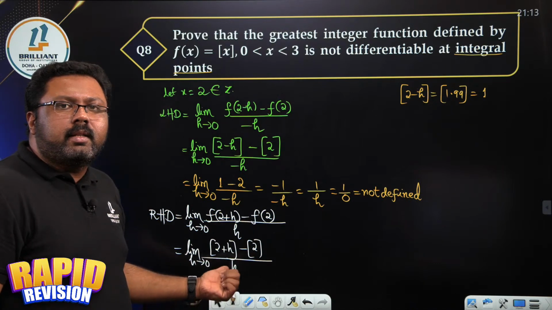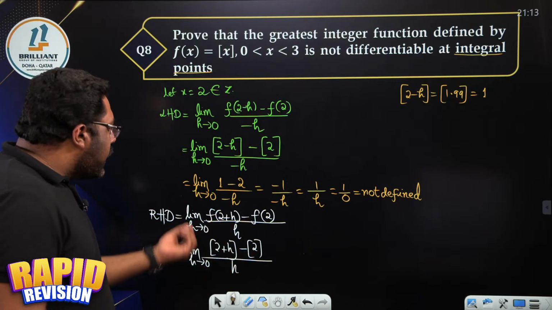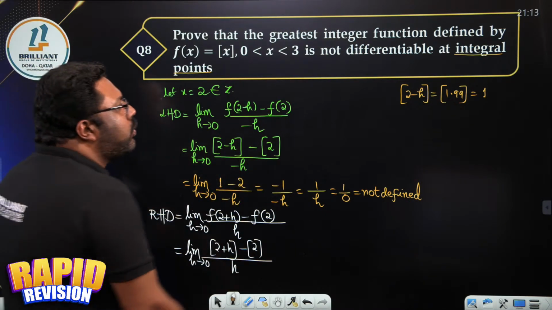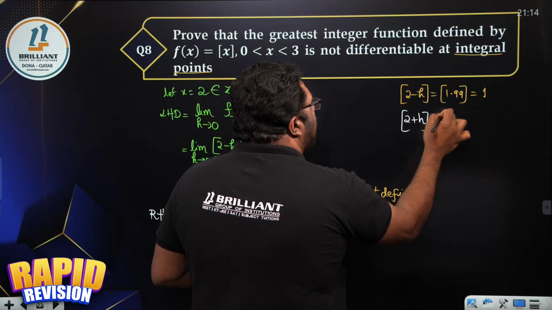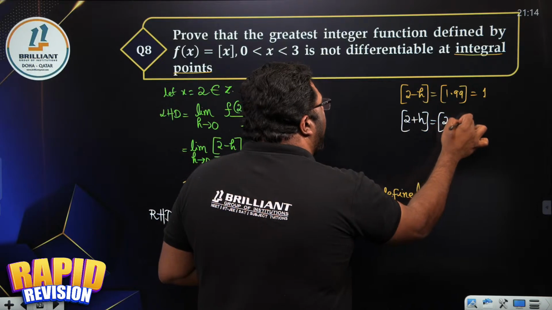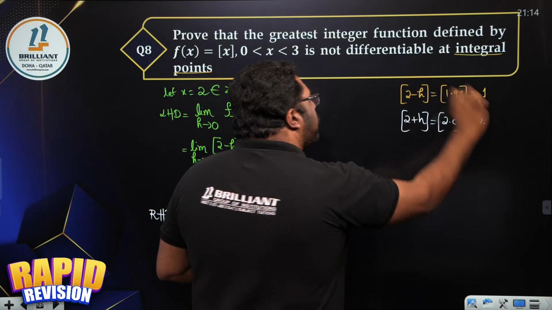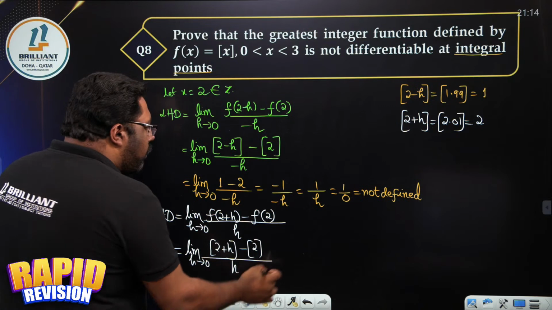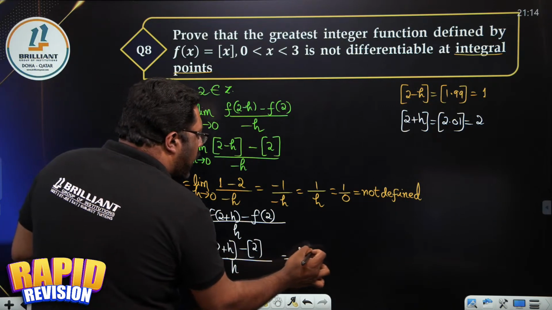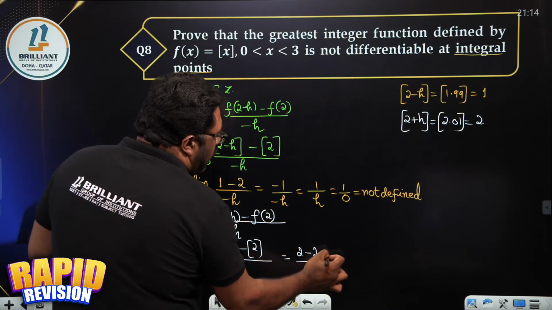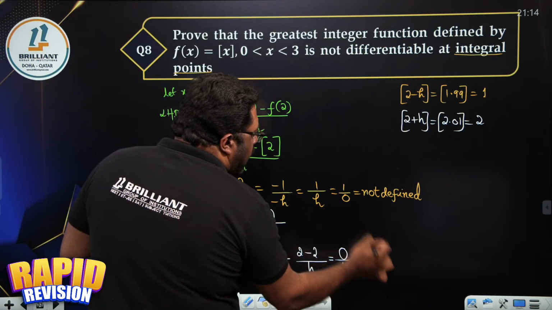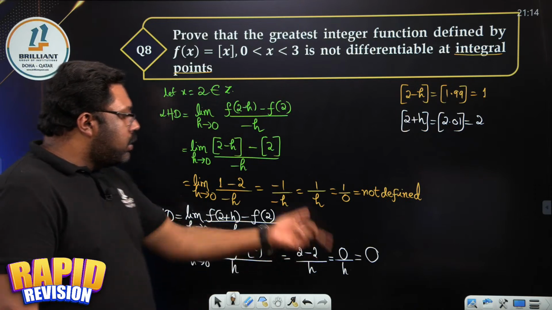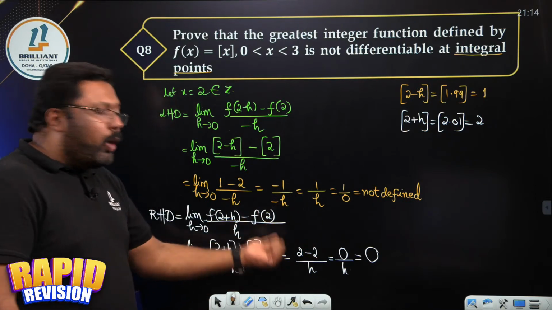What is the greatest integer of 2 plus h? Something slightly more than 2, which could be 2.01 maybe. It's still 2. Yes. So my numerator is 2 minus 2 by h, which is 0 by h. 0 by anything is 0. Don't say h is also 0. H is approaching 0.